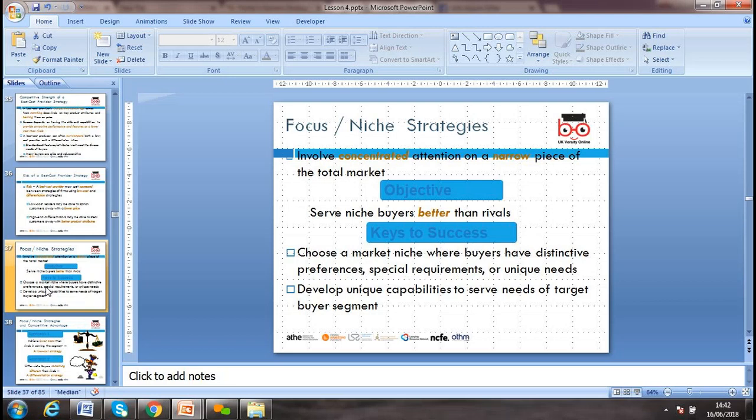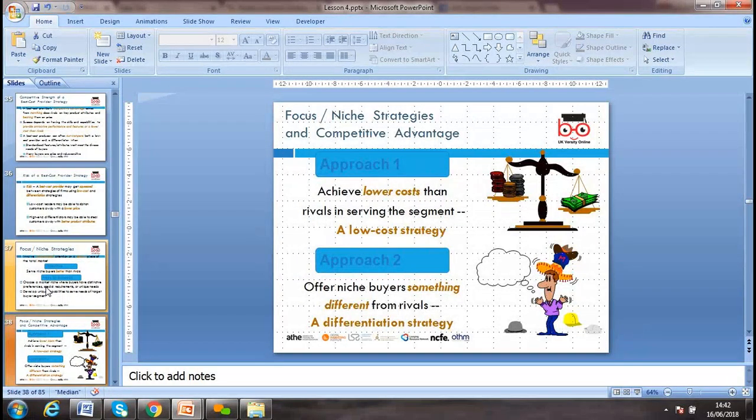Okay, so next, approach one: achieving lower cost than rivals.